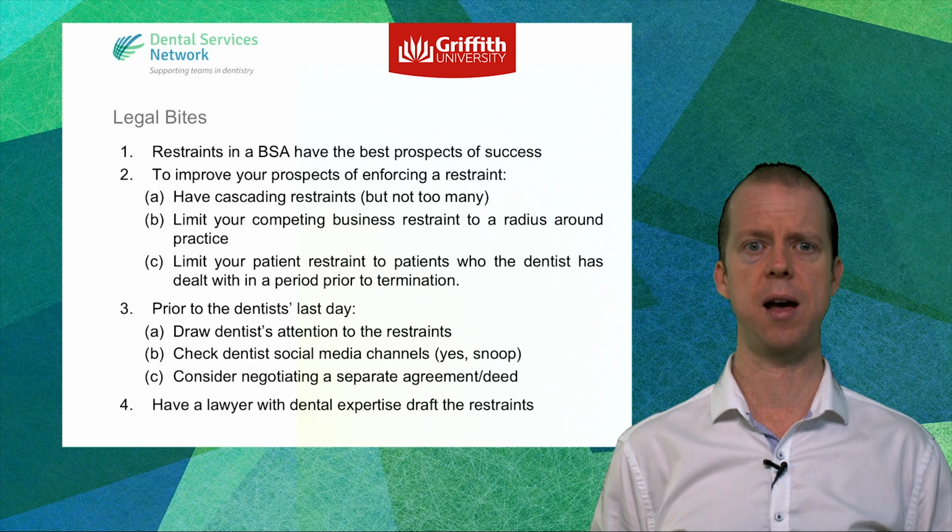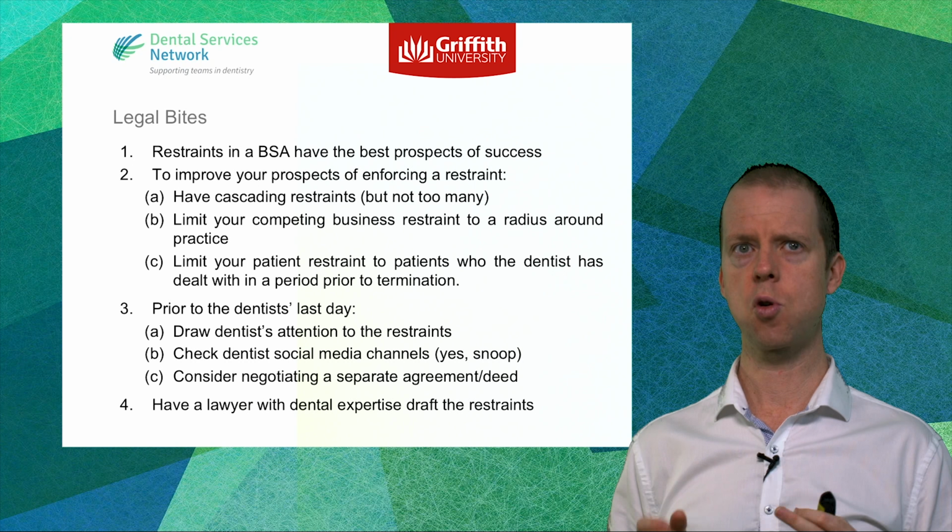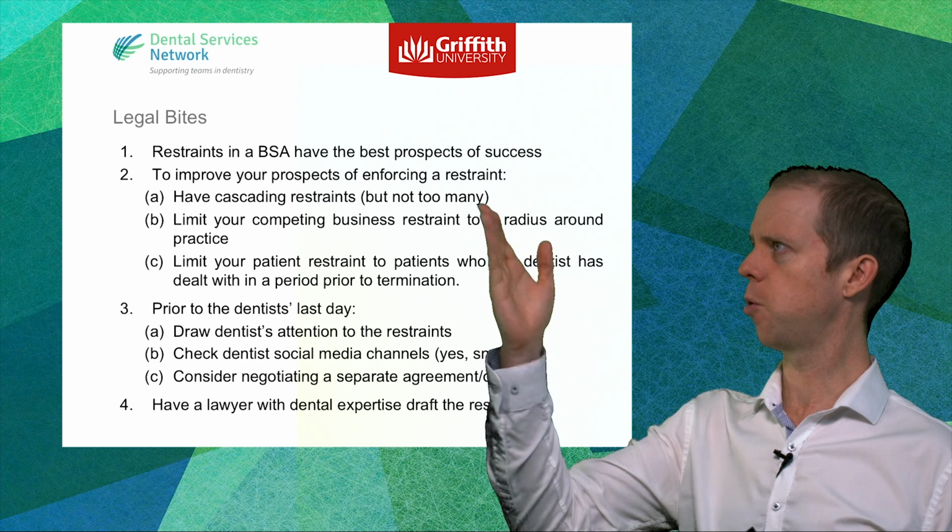To improve your prospects of enforcing the restraint, make sure you have cascading restraints in your agreements, but you can't have too many of them. What's a cascading restraint? It's a series of restraints starting from the widest restraint through to the most narrow.